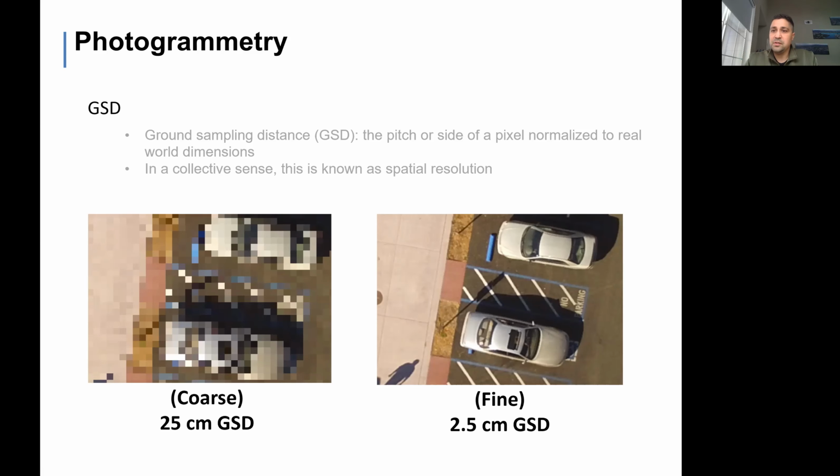With our coarse GSD, imagine that each one of these pixels is 25 centimeters across, either this way or this way. Then on the other side, where the fine pixels are, you have 2.5 centimeters, so 10 times reduced in size in terms of the side.